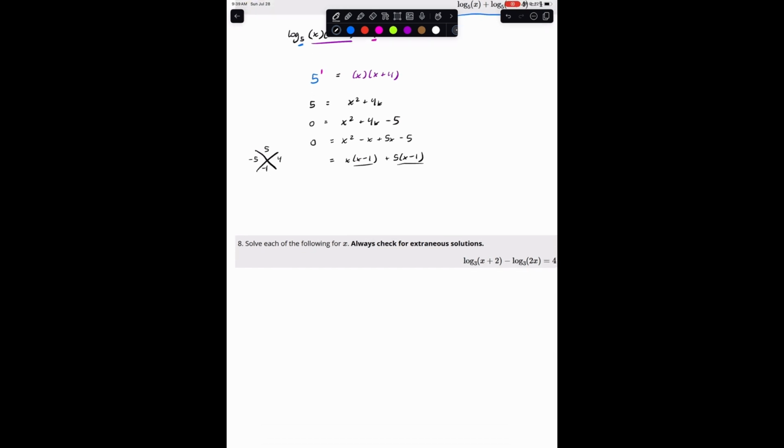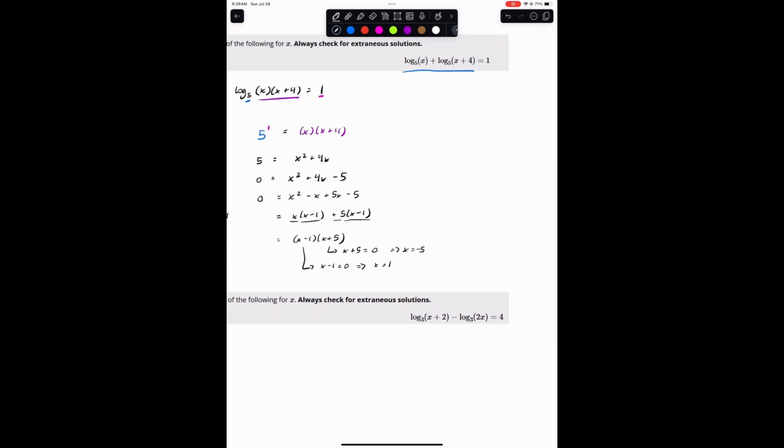Take out the common factor, and from here we have solutions. x plus 5 equals 0, which means x equals negative 5. x minus 1 equals 0, which means x equals 1.